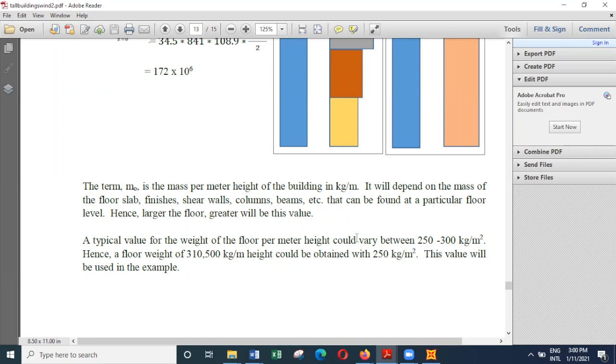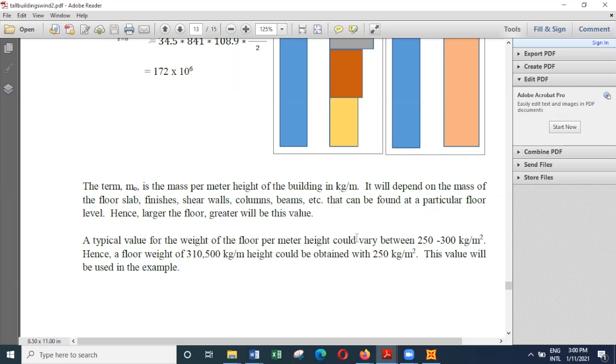But when you are doing an actual problem, you have to actually calculate the weight of the columns, beams, slabs, the shear walls, finishers, all add them up. Then the load that you get will be in kilonewtons, so you have to convert it to newtons, then to kilograms, and then divide the whole value by the floor to floor height. Then you can get this number.